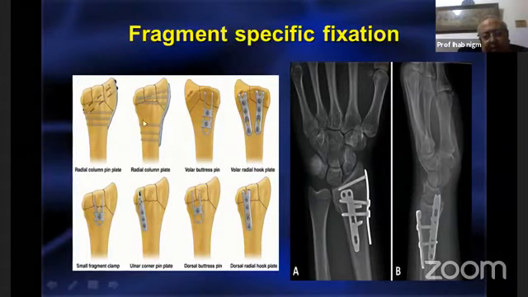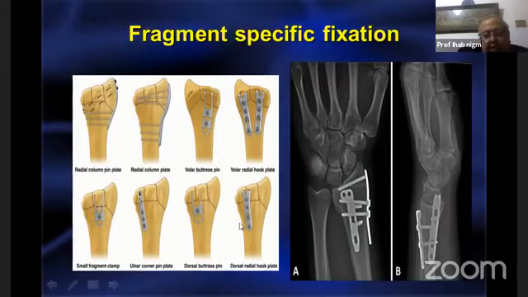These are some examples of the volar implants or devices: special hook plates, volar buttress pin, radial column plate. This plate allows K wires and screws.